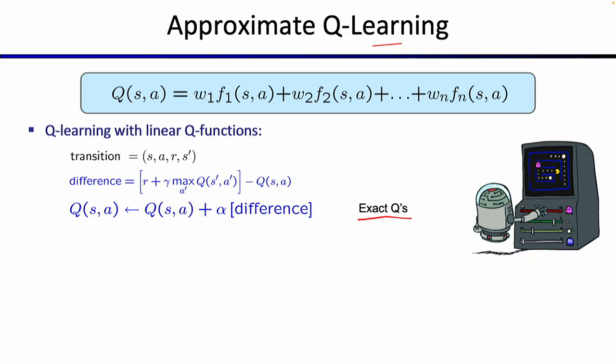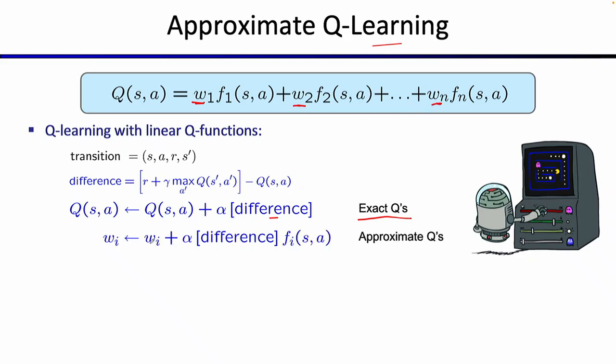Now the question is, before, this operation was easy because this was just a table. We just directly wrote into one particular entry in the array. But we cannot do it now. The only parameters that we have to tweak are these W's.